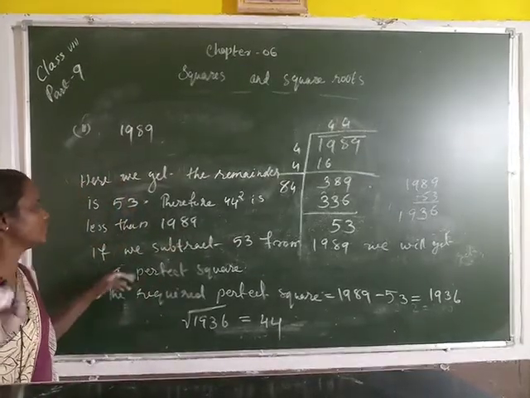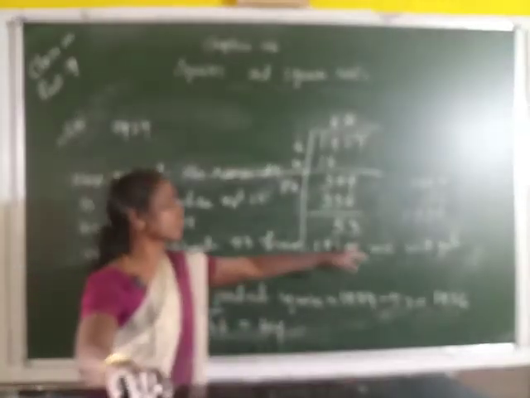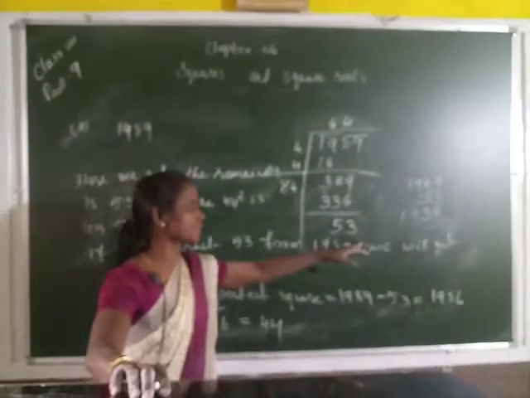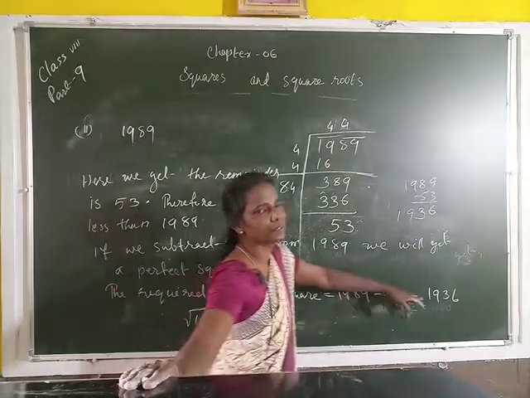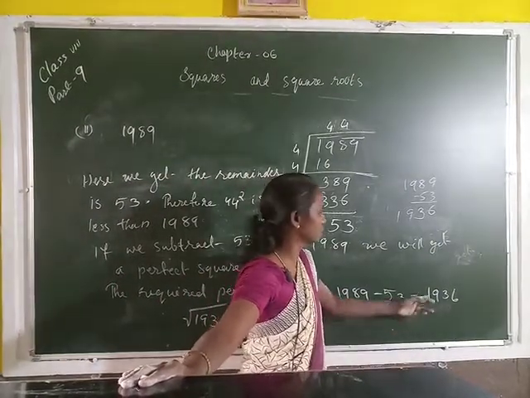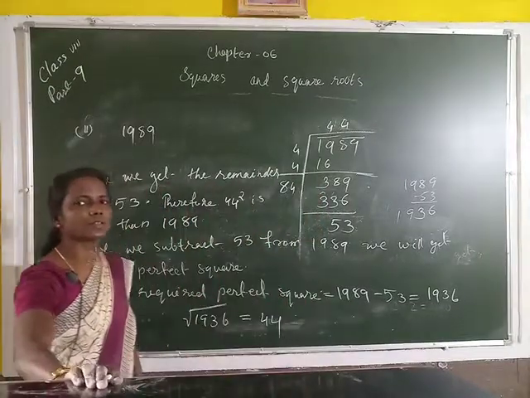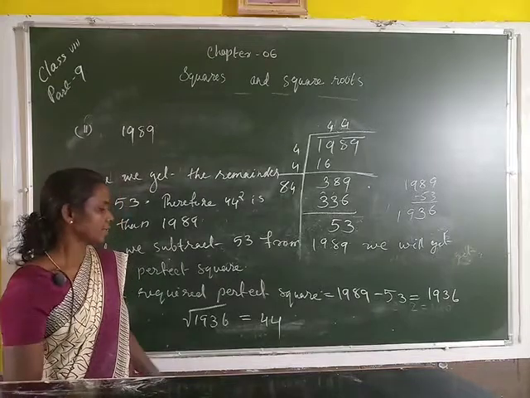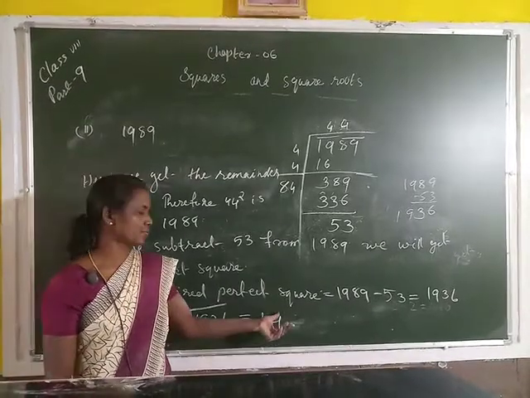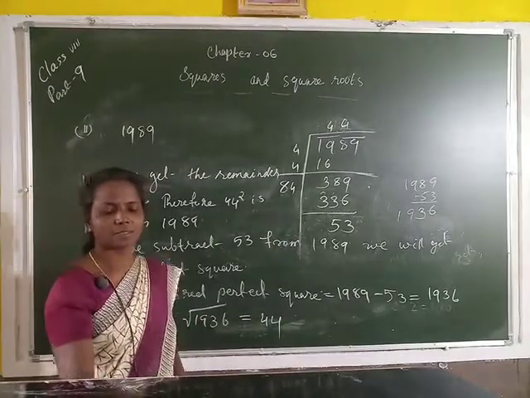Then we subtract this remainder from this number, we will get a perfect square. Now we subtract, we get 1936. This 1936 is a perfect square, and its square root is which number? 44.